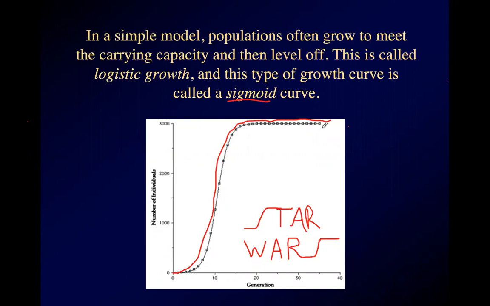It doesn't really have the brain power to do that. The population may still be reproducing, but once we're at the carrying capacity, the death rate from predators and parasites and angry homeowners with cans of Raid and everything else, that death rate balances the birth rate, and the net growth of the population is 0.